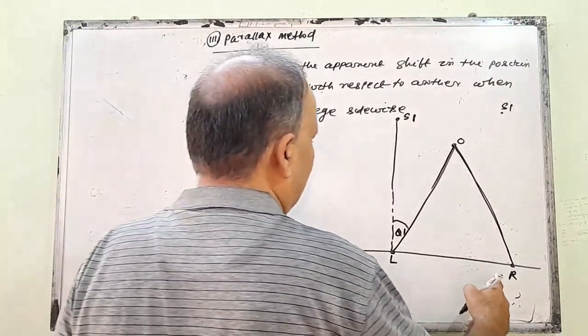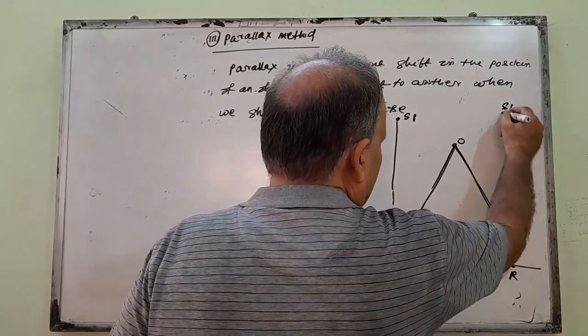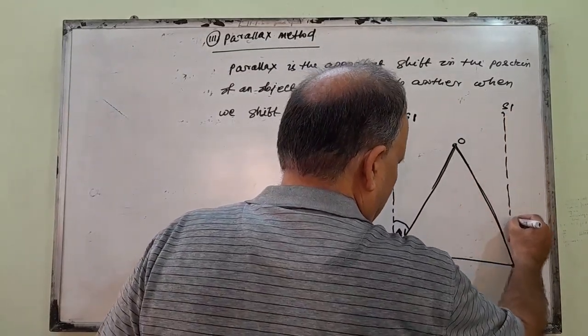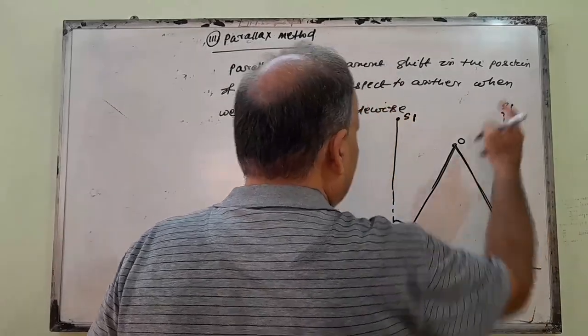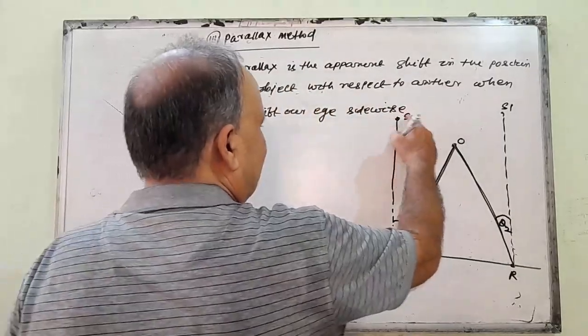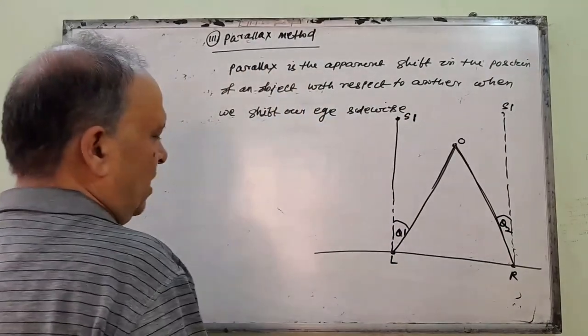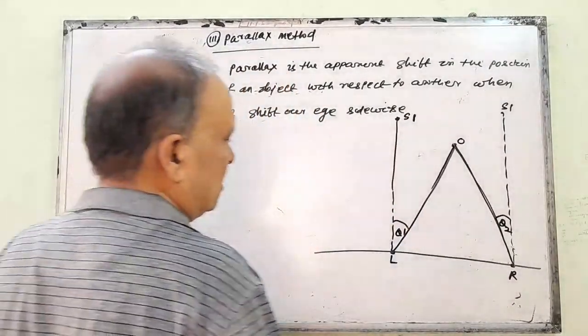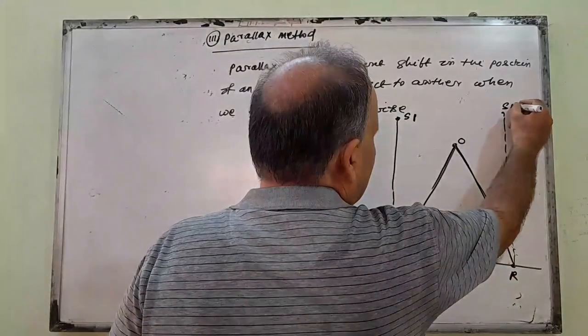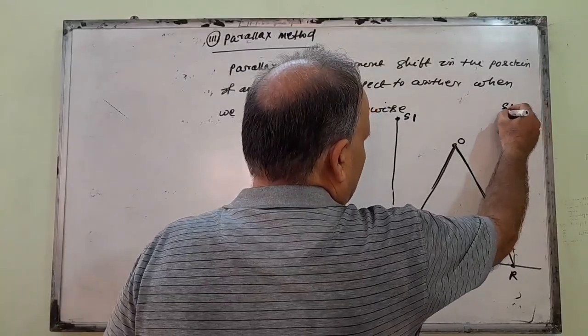Suppose in the right eye it makes an angle phi 2 with that S1. These are in the same position, but in the left eye we see S1 here, and in the same position in your right eye we see this S1 is at this place.